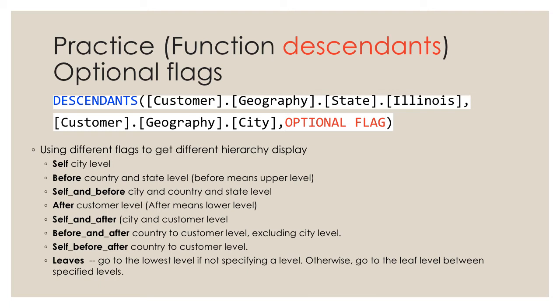The upper level of city is state, and the upper level of state is country. I'm asking if there is something like continent as well. Does it go to the highest level? Because you said before, so it takes all before.